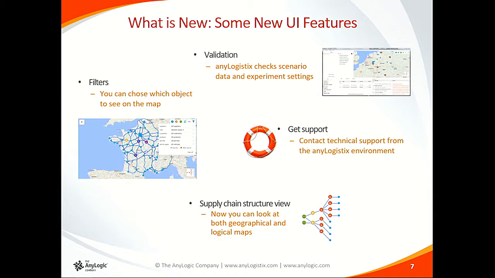If there is any inconsistency in the data, you will get a notification, as well as a warning if ALX thinks something is wrong with the input parameters. Also, we added a supply chain structure view. Now you may look at both the geographical structure of your supply chain as well as the logical structure of your supply chain.